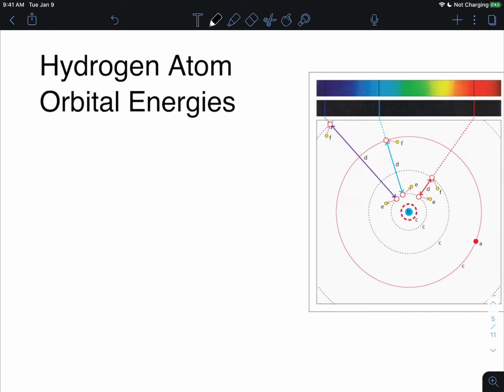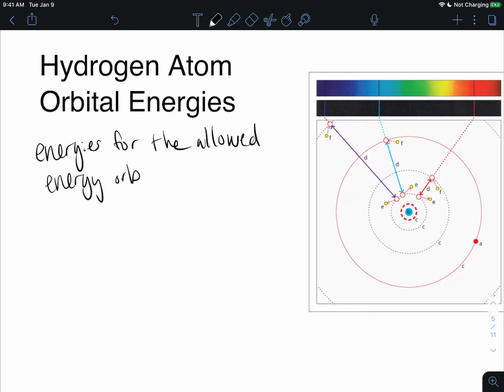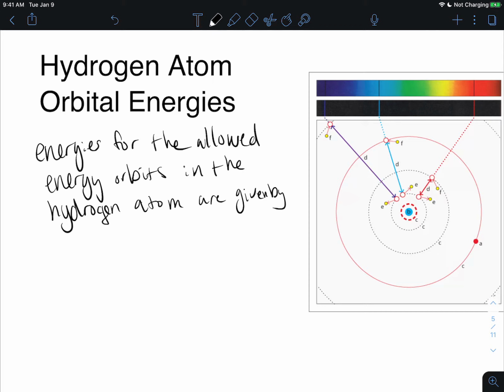So our energy orbits, where the electrons are allowed, have energy values. So the energies for the allowed energy orbits in the hydrogen atom are given by the following equation.